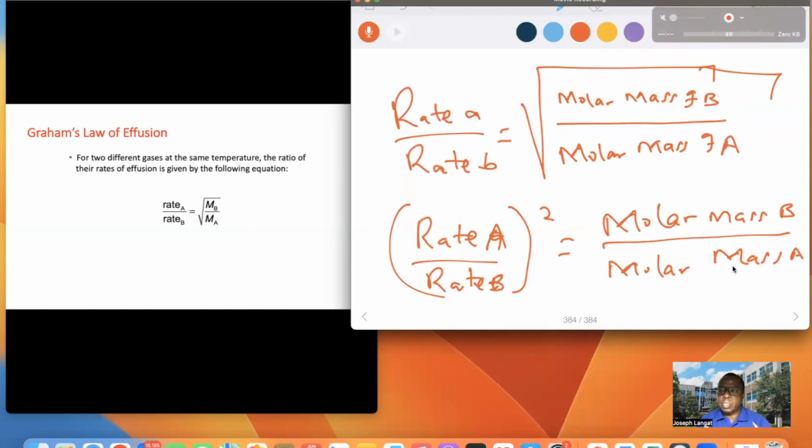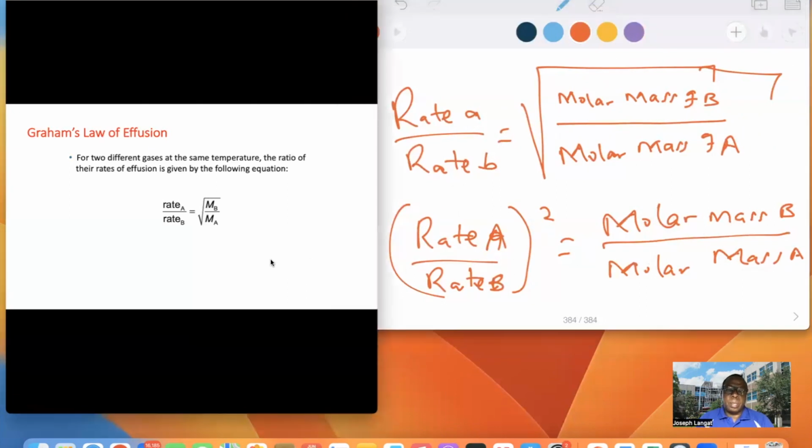These are the molar masses. From here, you can find either the molar mass of B or molar mass of A, if you know the information on the other side.